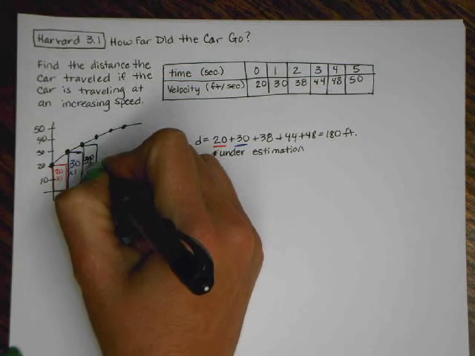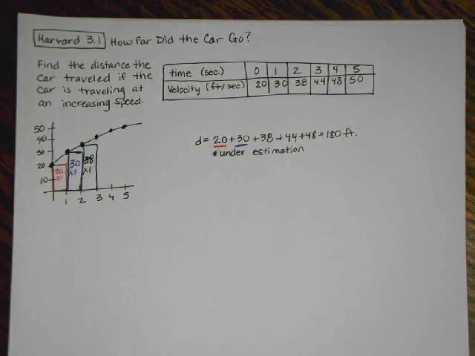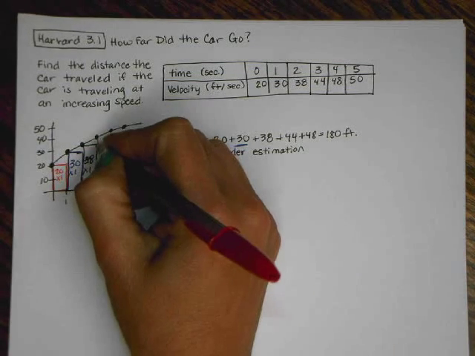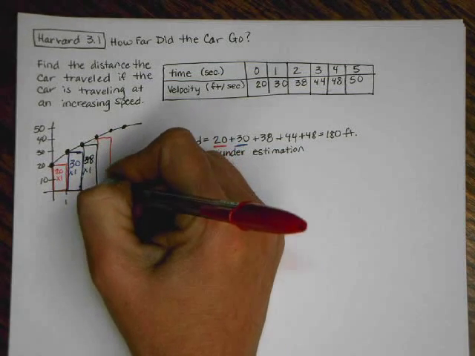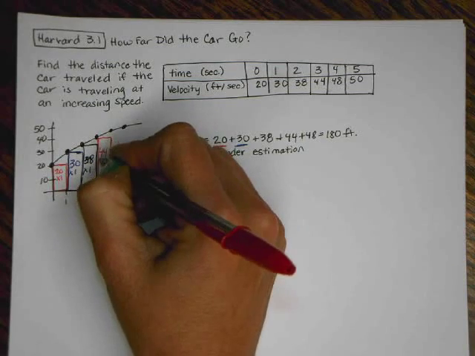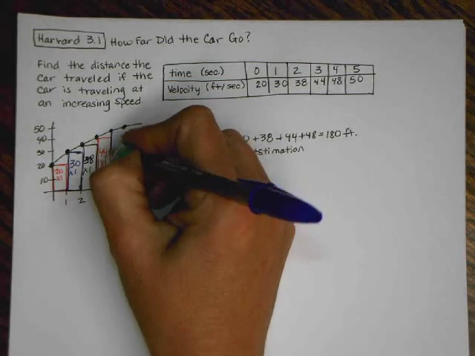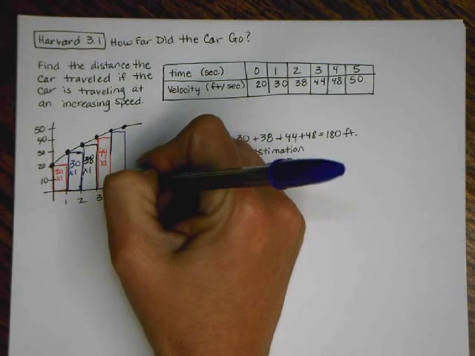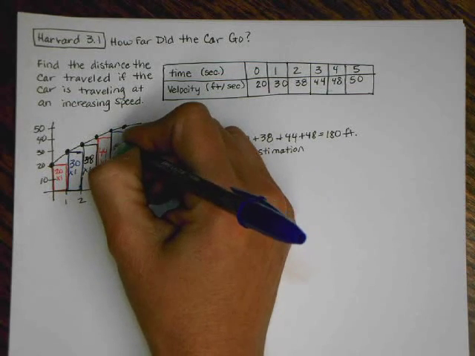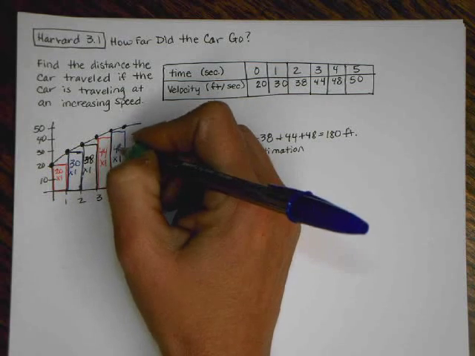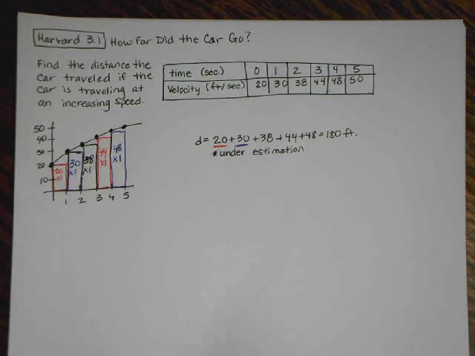Oops, 38. And one more. And so the area underneath this curve is a representation of the distance traveled.